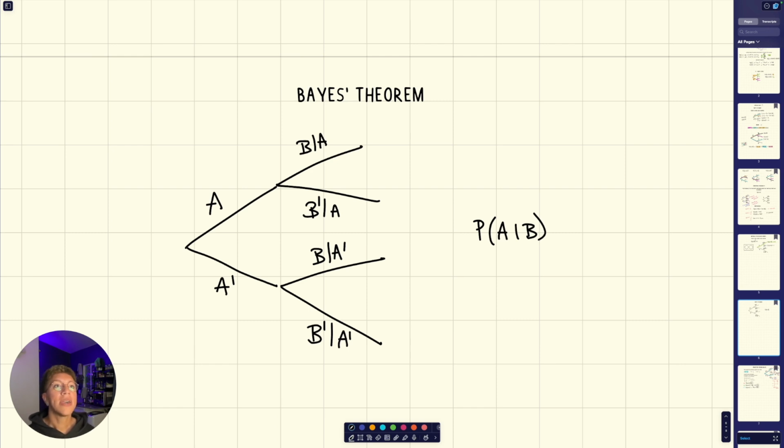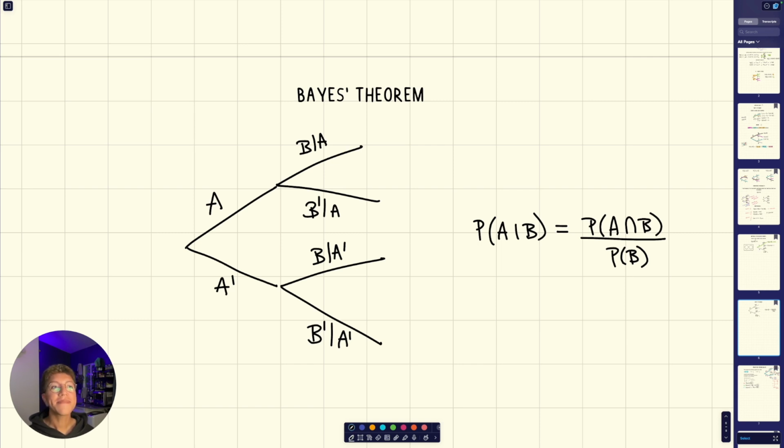But what we can see is that our formula tells us that this is equal to the probability of A intersection B over the probability of B. And we know how to find both of those things very easily.